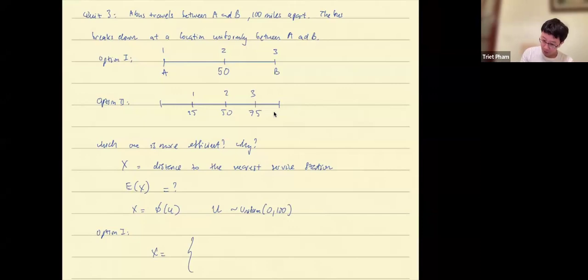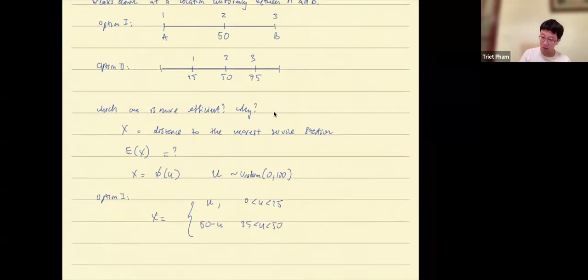Well, if you break down before the 25 mile mark, then A is the closest, so the distance is really u, if u is between 0 and 25. If you go beyond that, between 25 and 50, then the mid station is the closest.